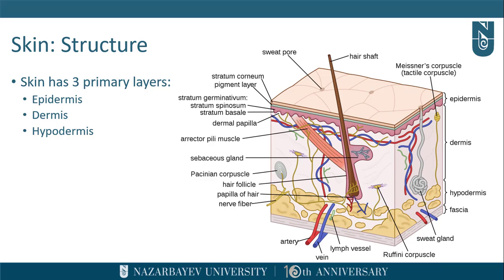Also, the pink hue in lighter skinned individuals is due to oxygenated hemoglobin. We can also have immune cells in the epidermis, which fight bacteria and foreign particles.